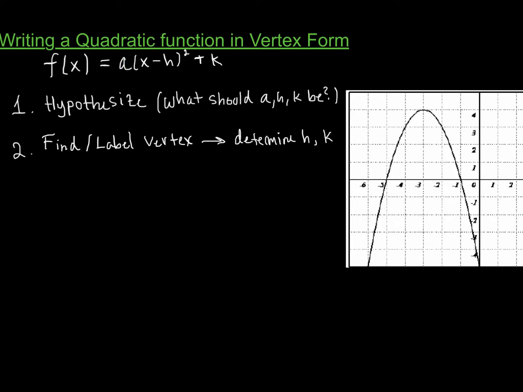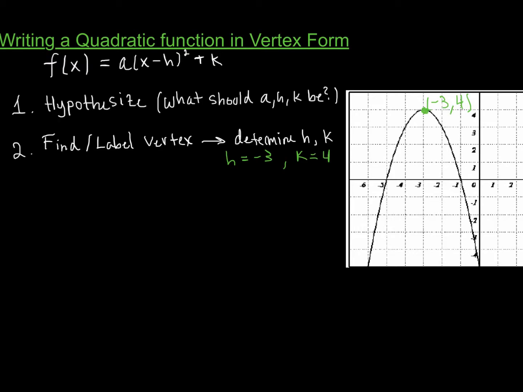Well, let's think about the easiest ones to figure out. That's going to be the vertex points, h and k. So we'll find and label the vertex, which in this case is at the point -3, 4. So those are my h and k values. So h is equal to -3 and k is equal to 4.